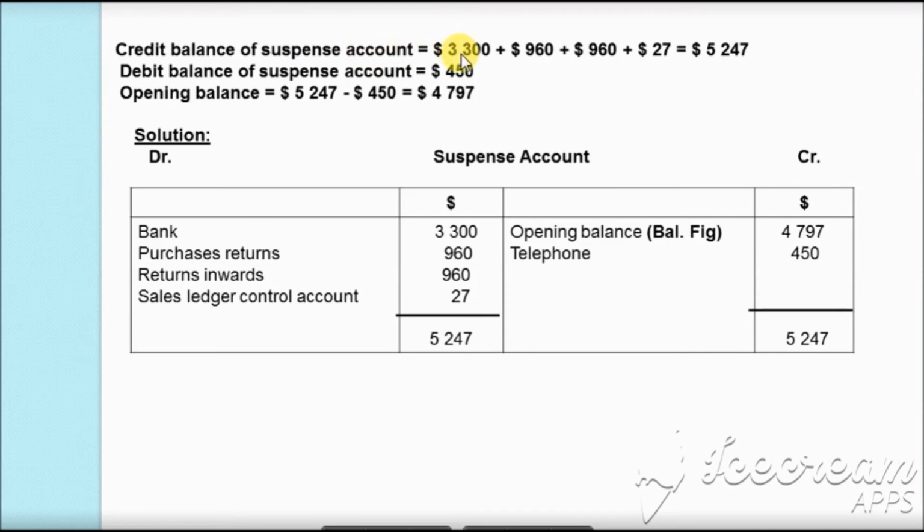When there was an error, it was $3,300 plus $960 plus $960 plus $27, which was $5,247. And on the debit side, the amount was $450. So when we subtract $5,247 minus $450, we get the opening balance on the suspense account as $4,797.